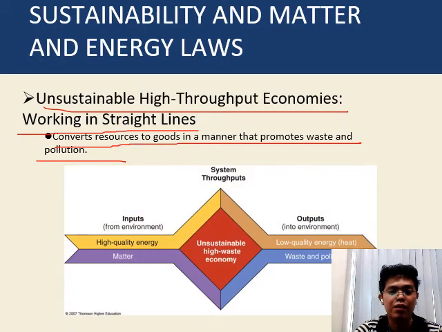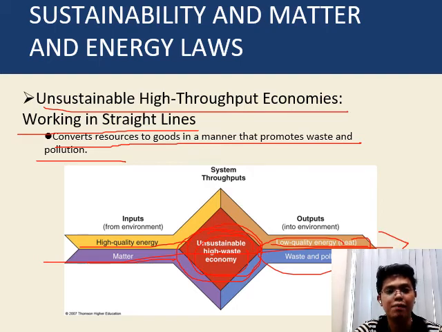If an economy uses high quality energy and matter, and the throughput processes are very unsustainable, wasting matter and energy, the outputs will be low quality energy, heat, waste, and pollution. It works in a straight line in the same direction. That's an example of a positive feedback loop in the economic system.